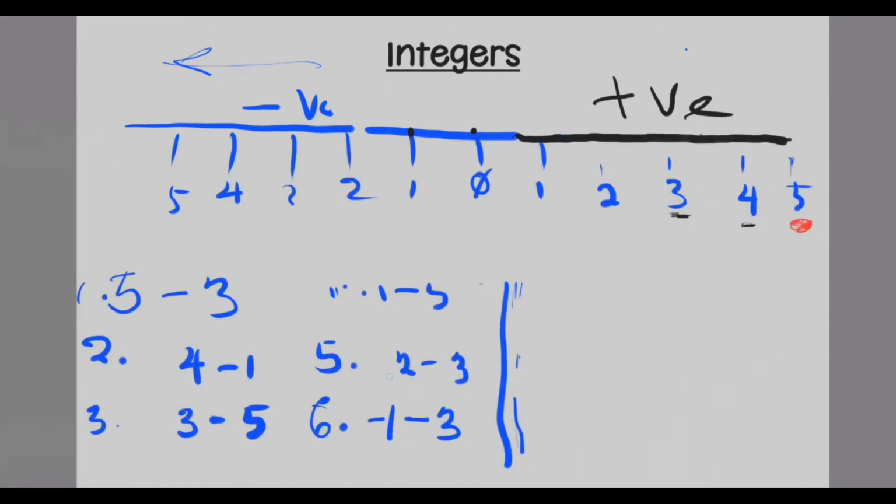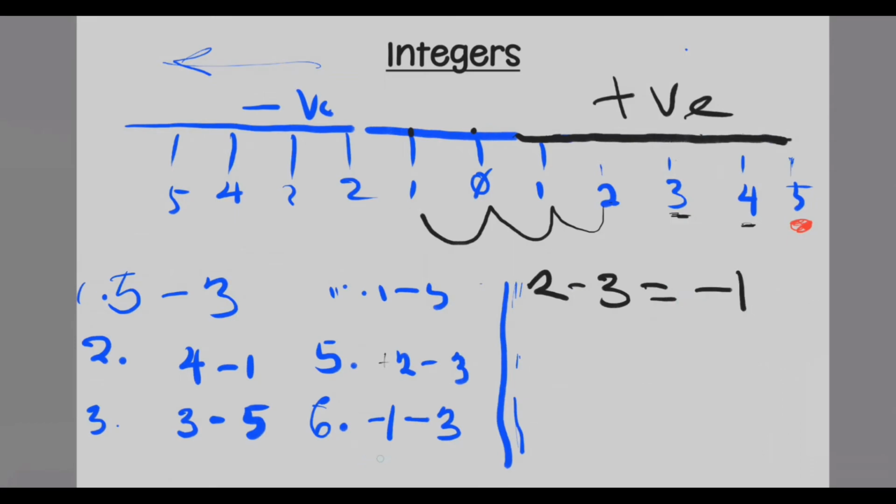Since this 2 is positive, we don't usually write the sign, but it's actually positive. We're going to start right here and move by 3 points to the left: 1, 2, 3. So our answer 2 minus 3 is equal to minus 1.